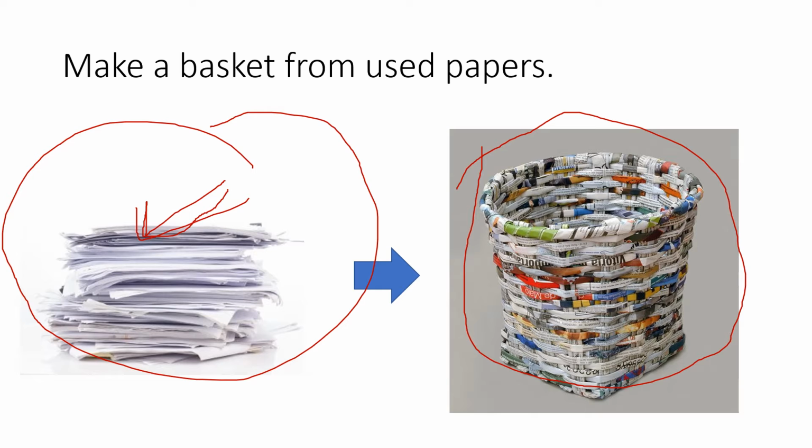Another example of this is, if you remember, the pack of milk that you made before as a basket, that is also an example of reuse. So this is an example of reuse: making a basket out of used papers.